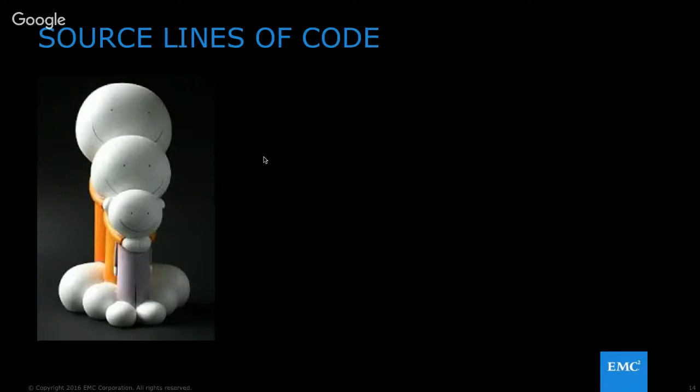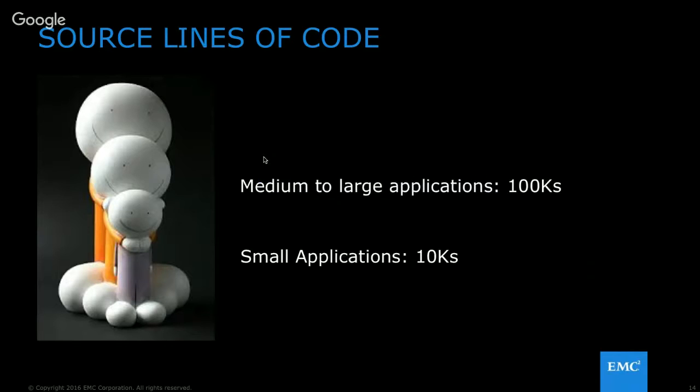If we look at application size, I estimate a small application at 10K lines of code, a medium to large application at around 100K lines of code, and a huge application at around 1 million.